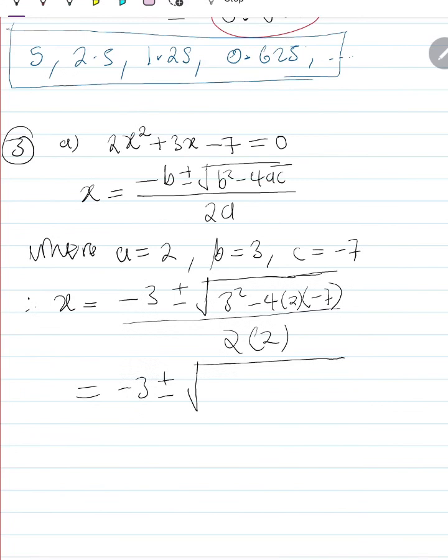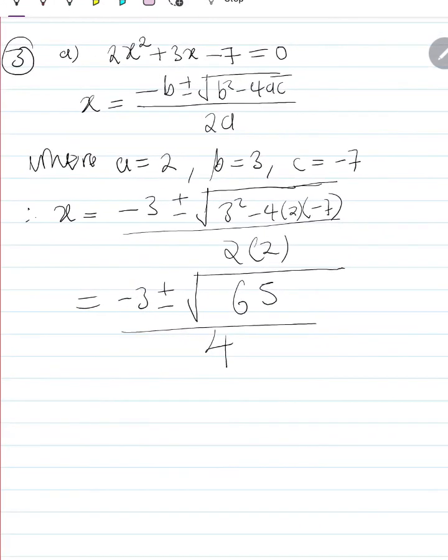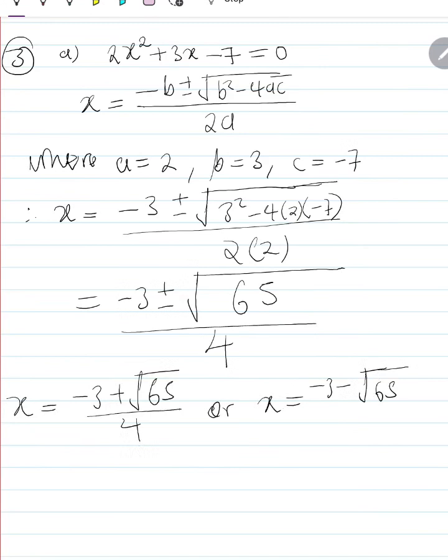This is 65, then divided by 4. So right away I will say x is equal to negative 3 plus the square root of 65 divided by 4, or x is equal to negative 3 minus the square root of 65 divided by 4.